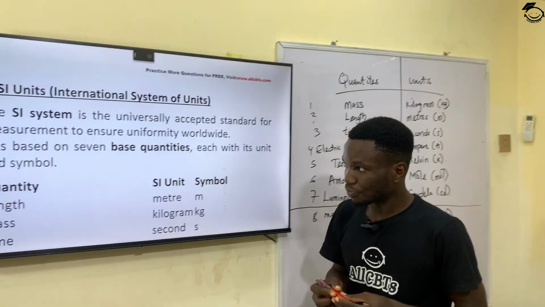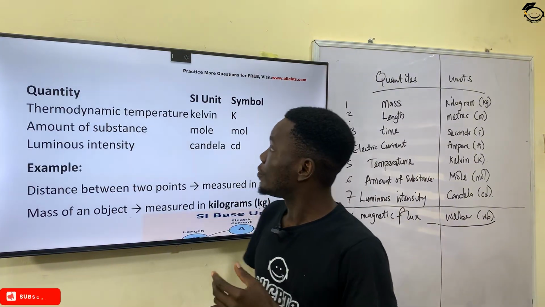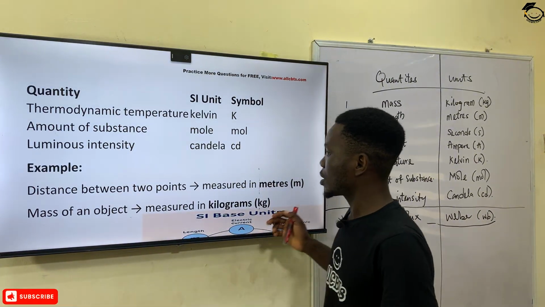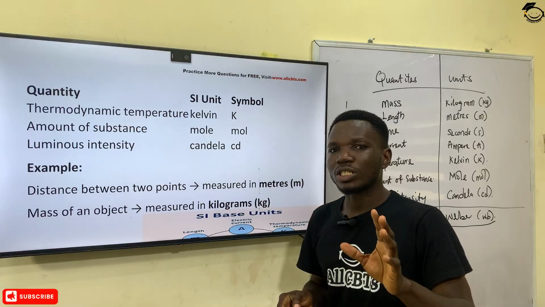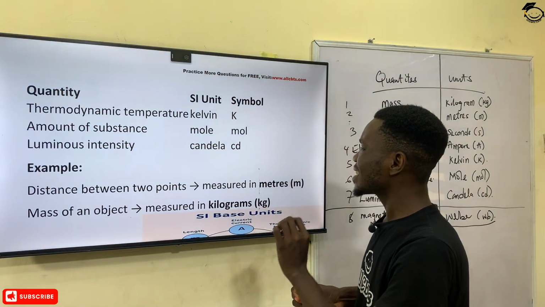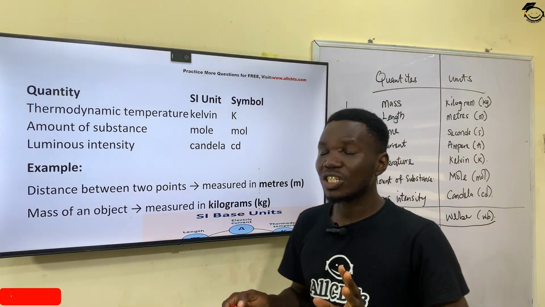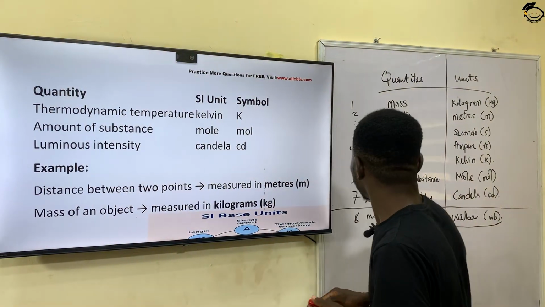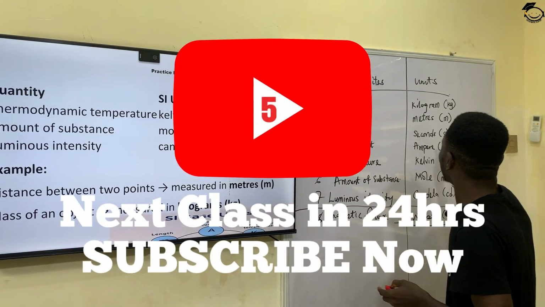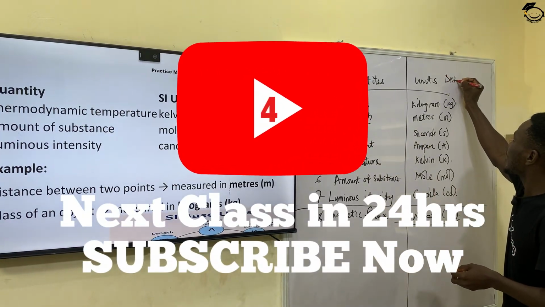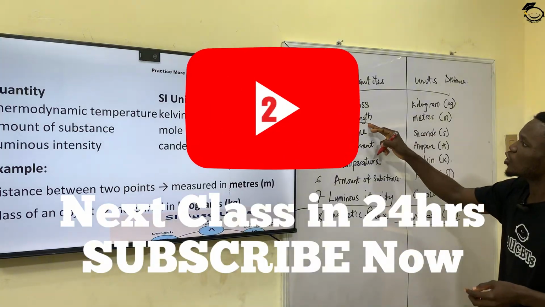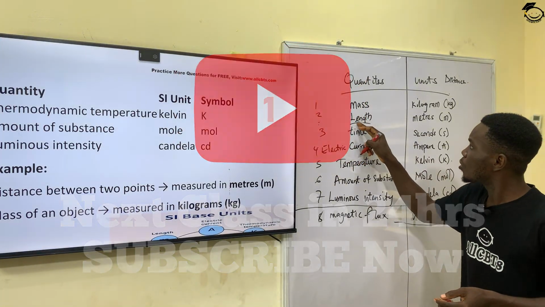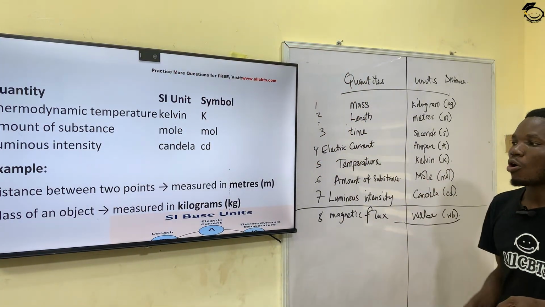Moving on from there, we have these quantities which are just listed here already. Now, these quantities are all based on certain principles. For example, your distance is measured in meters, but it is not exactly talking about length, it's talking about distance. And distance here is a function of this fundamental quantity we call length.